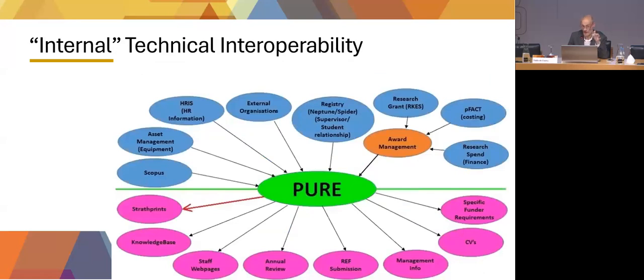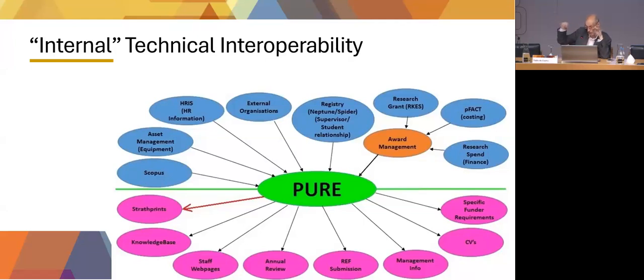This is the internal technical interoperability, all the systems. This is a Strathclyde snapshot. We have Pure as our institutional CRIS system. This is the software solution, but what I'm describing here is good for any software solution. It's just my example from Strathclyde Uni.